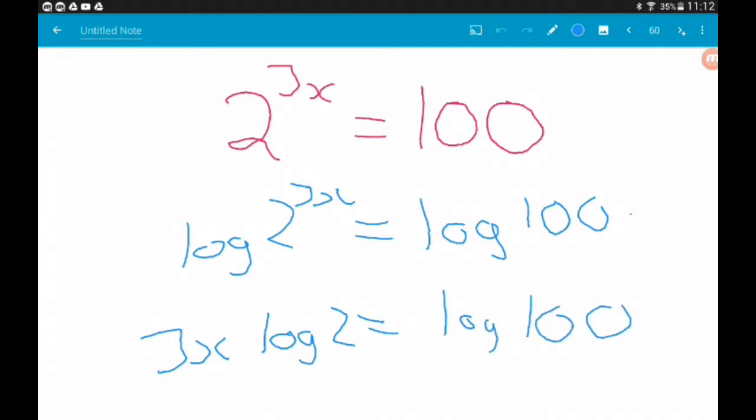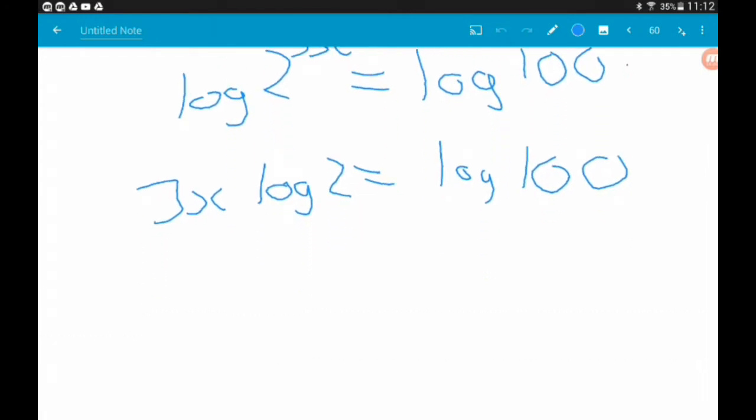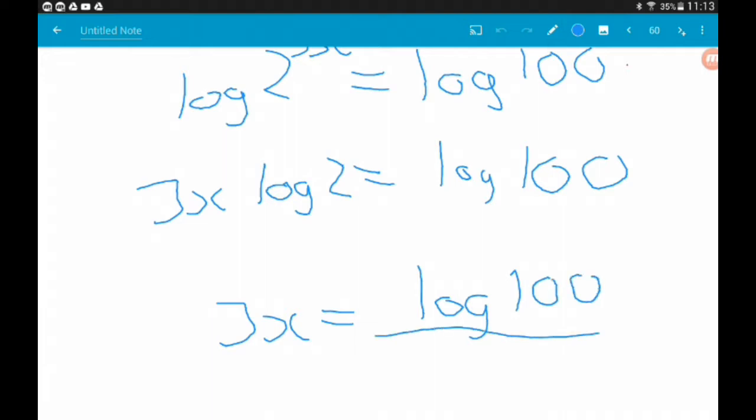If we then divide by log 2, we get 3x is log 100 over log 2. Now we don't want 3x, we want 1x.